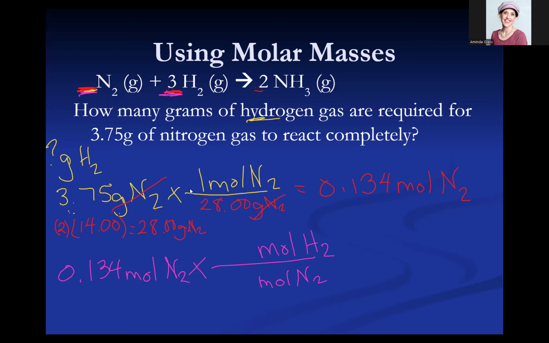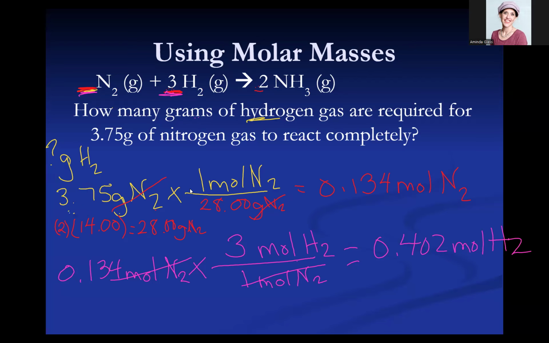Because if I can find my moles of H2, I can go to grams of H2. So according to the recipe, if I have 1 mole of N2, I need 3 moles of H2. My moles of N2 will cancel out, and that'll tell me how many moles of H2 I have. So let's see, 0.134 times 3. This gives me 0.402 moles of H2. I'm on my way.